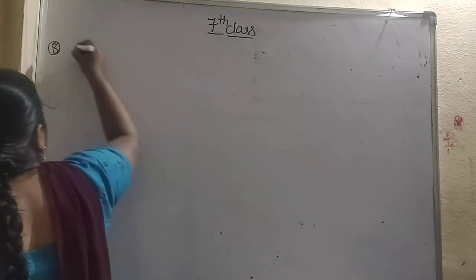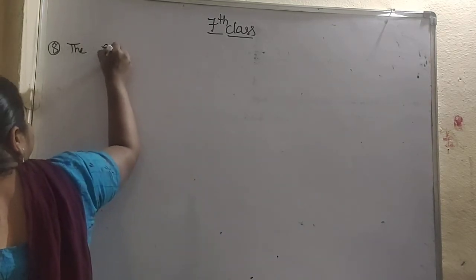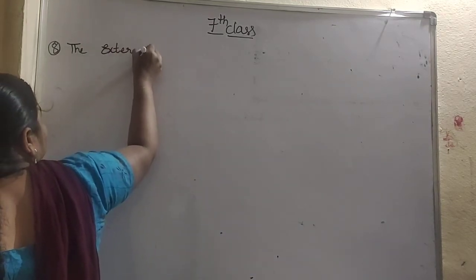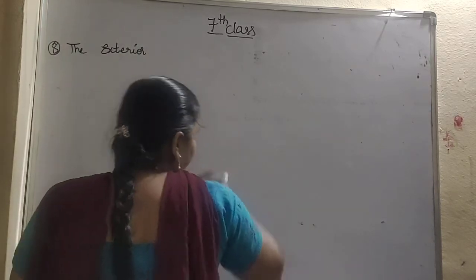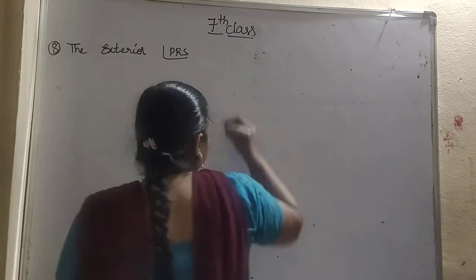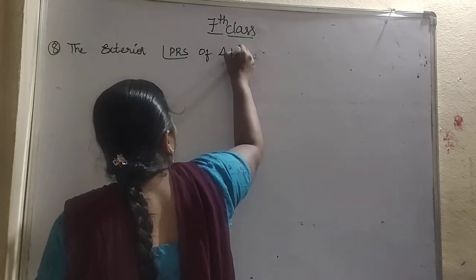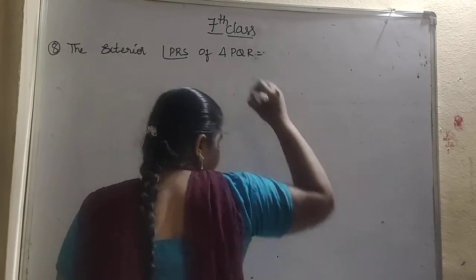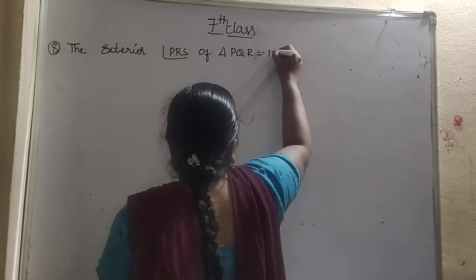The exterior angle PRS of triangle PQR is equal to 105 degrees.